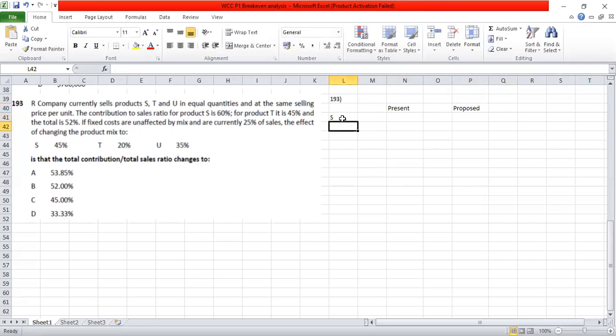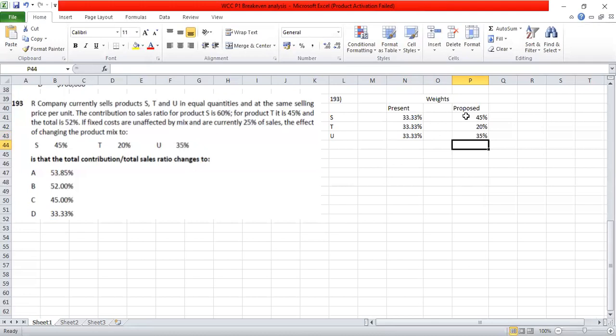We have S, T, and then U. The present weights for S are 33.33%, or you can just write it as 1 by 3 for the comfort sake, and the proposed weights are 45%, 20%, and 35%.